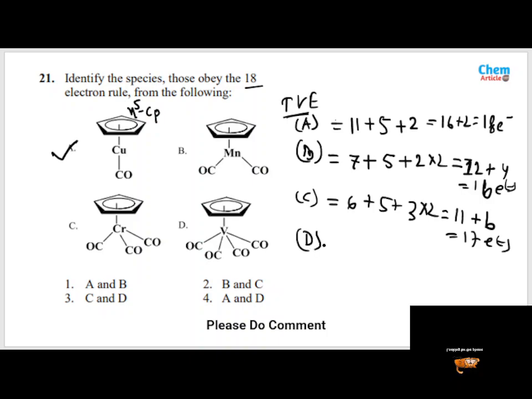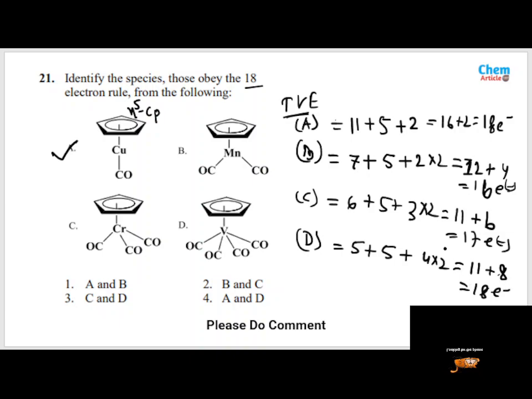D has vanadium 5, plus 5, and a total of 4 into 2, that is 10 plus 8, that is 18 electrons.